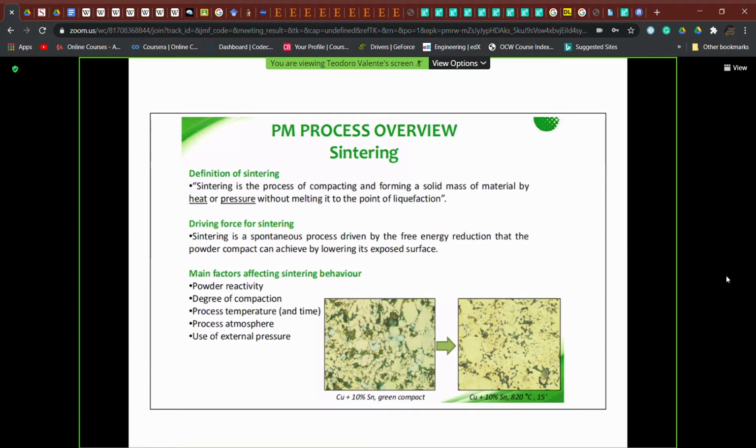In this picture that you see on this slide, you have the first one, which is the green compact, and you see the amount of black areas, which are essentially voids between pre-compacted particles.